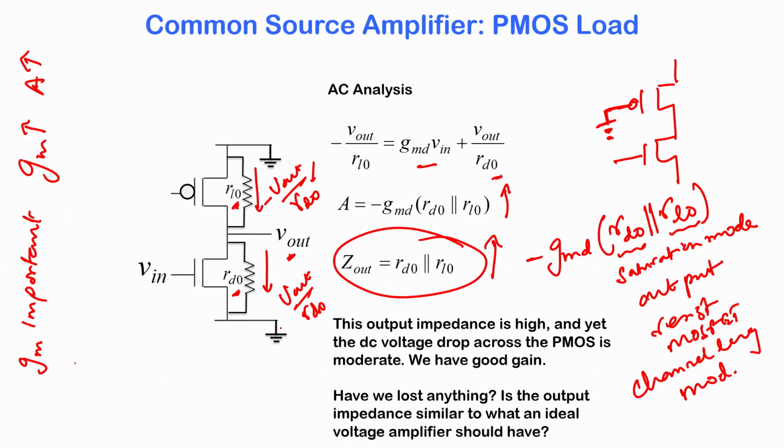The next message is that the output resistance rO due to channel length modulation brings down gain a little. So, channel length modulation resistance is still large, but it contributes to lowering the gain a little, small.